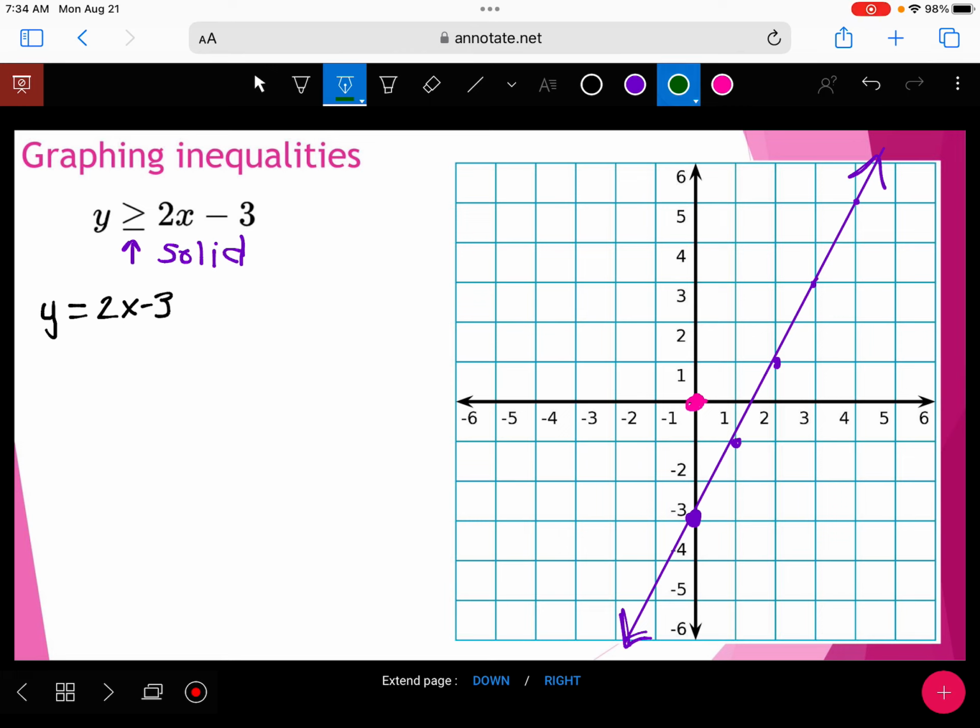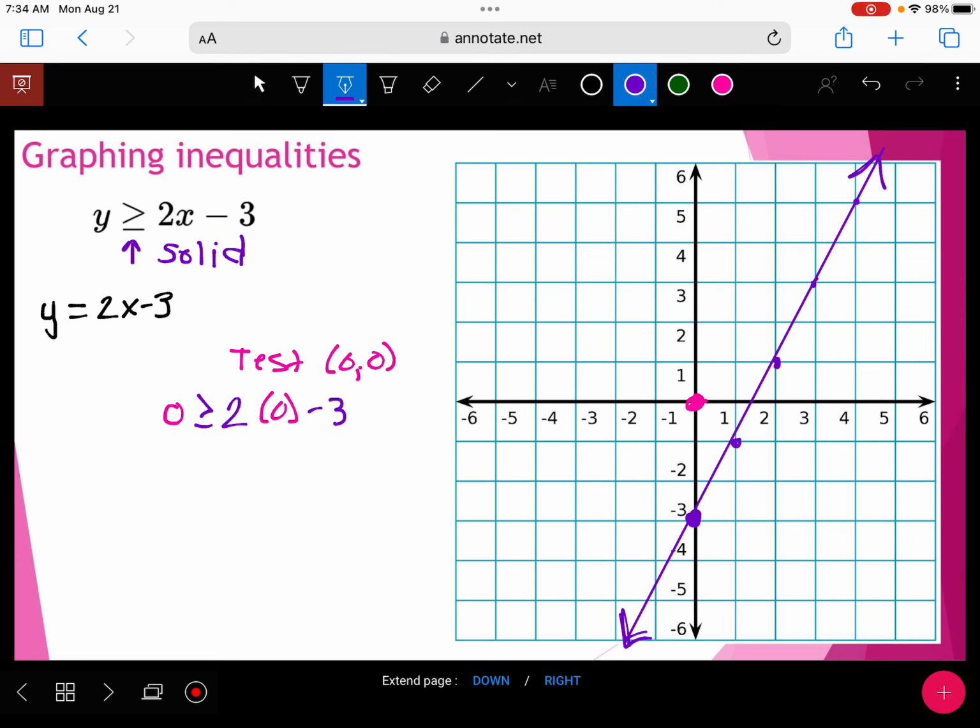We're going to take our inequality and we're going to test the point 0, 0. So we're going to substitute into our inequality. 0 is greater than or equal to 2 times 0 minus 3.